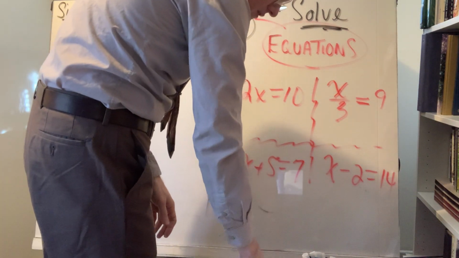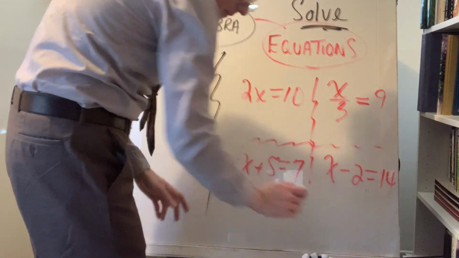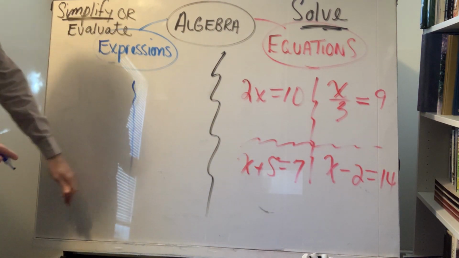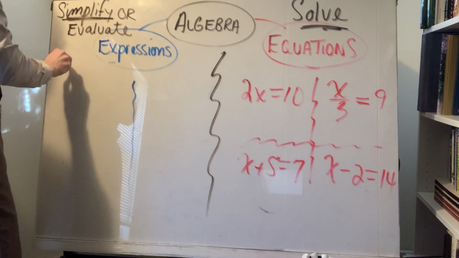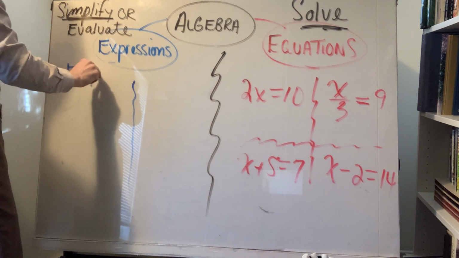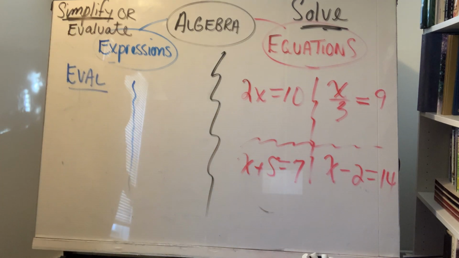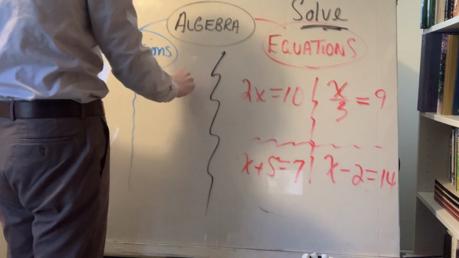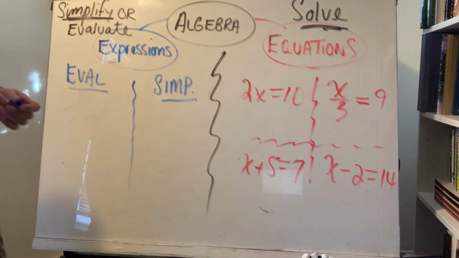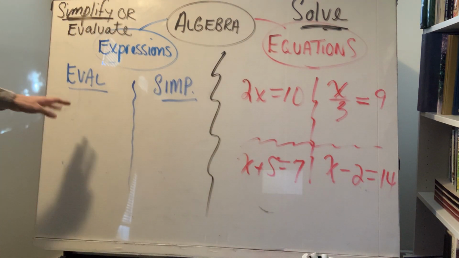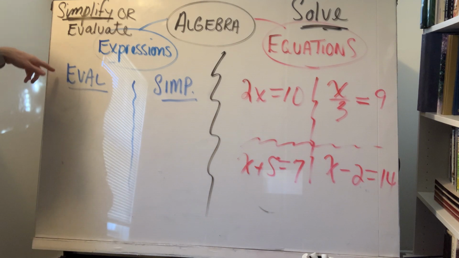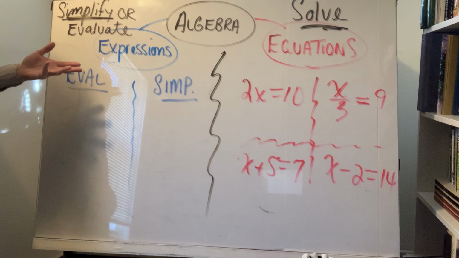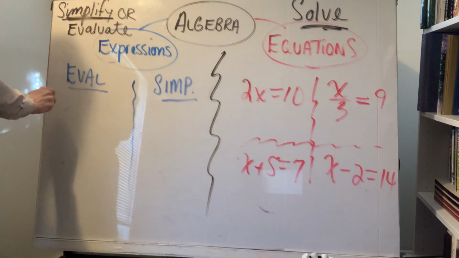Here, make this dichotomy as well. There's a set of rules, even a subset, if you will, of rules when you're evaluating. I'm going to just abbreviate eval. And simp. Essentially, when the instruction is to evaluate an expression, and it usually would be evaluate an algebraic expression, that means to do two things.